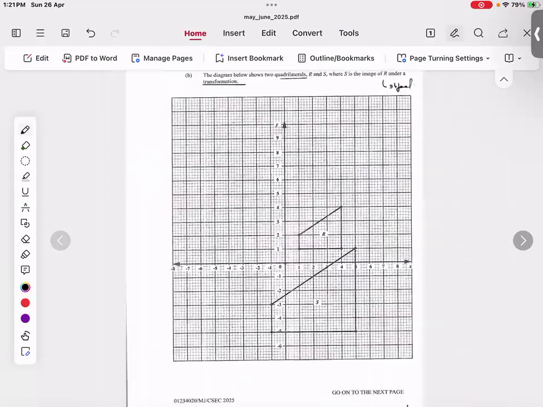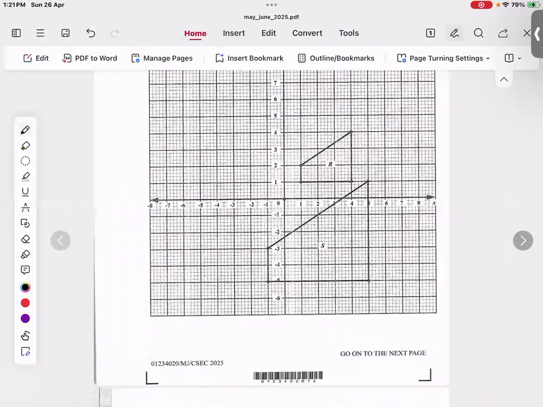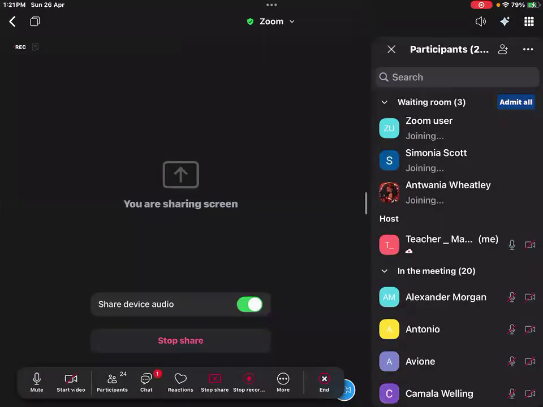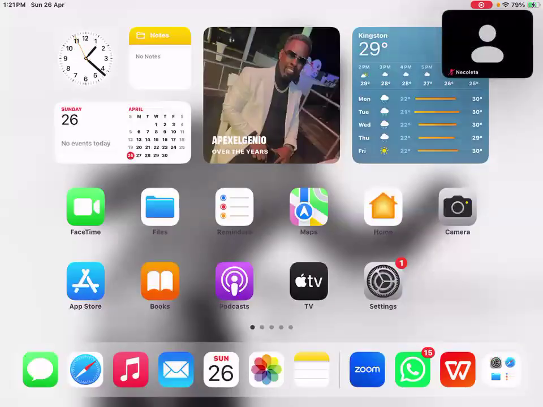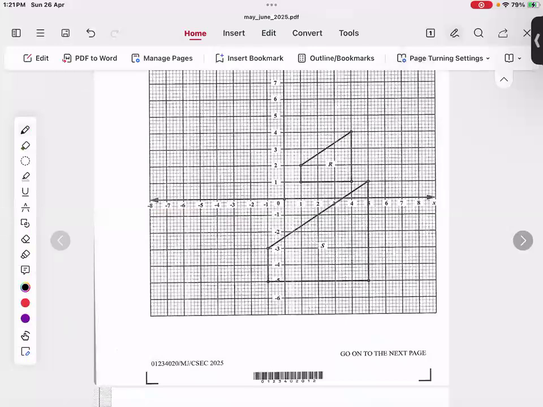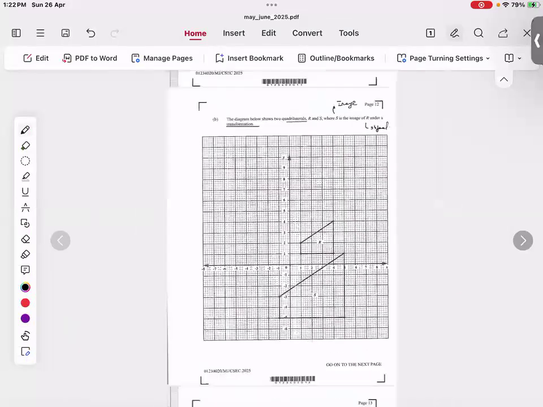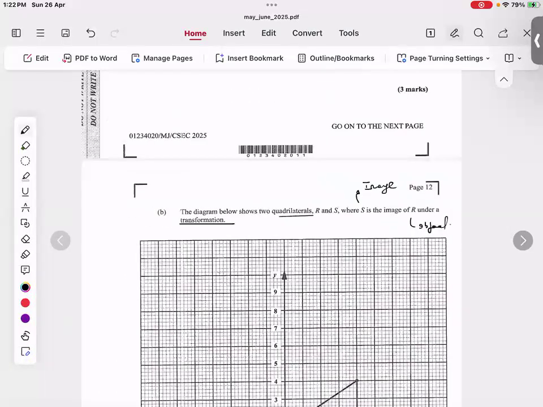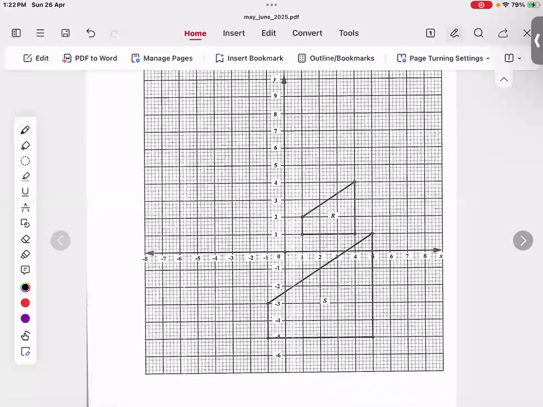All right, cool. Let's look at it. When you look at that, guys, what comes to mind? If you're in the exam on May the 12th and you see something like this, what would come to your mind? They say S is the image of R, so R is the object.